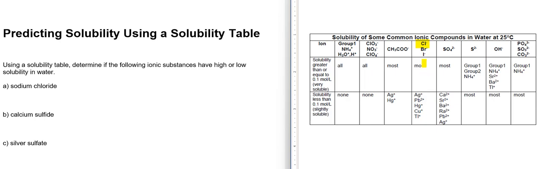In this particular case, most substances of chloride have high solubility. So solubility greater than or equal to 0.1 means it's very soluble. We would say it has high solubility. If we were writing that in a chemical equation, we would expect to write it as aqueous because it has high solubility.